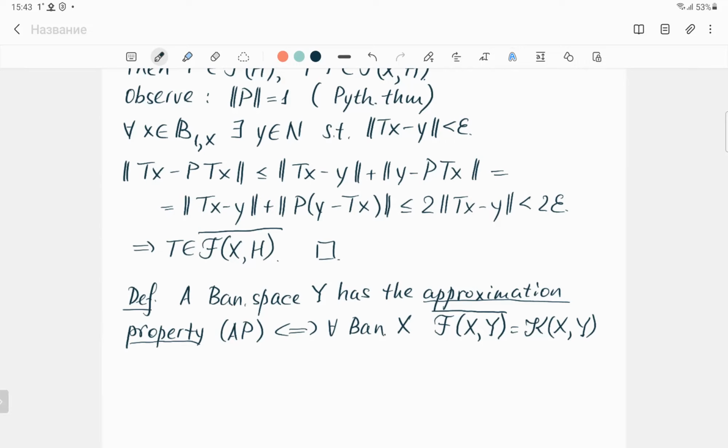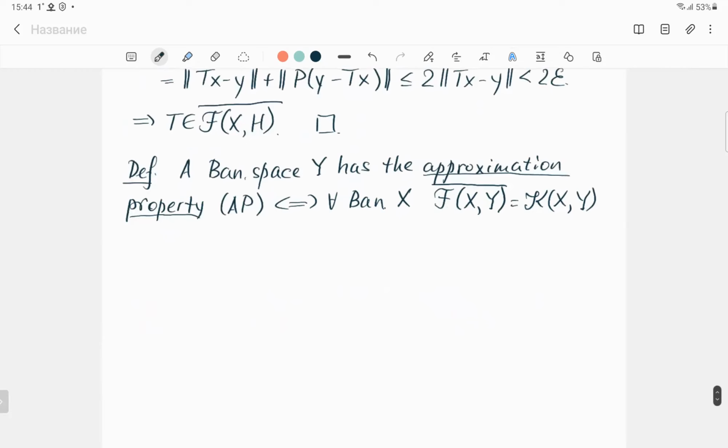So the approximation problem was really hard. And it was hard actually for many reasons. In particular, it was hard because it was closely related to another famous problem of functional analysis, namely the so-called basis problem. So let's give the following definition.